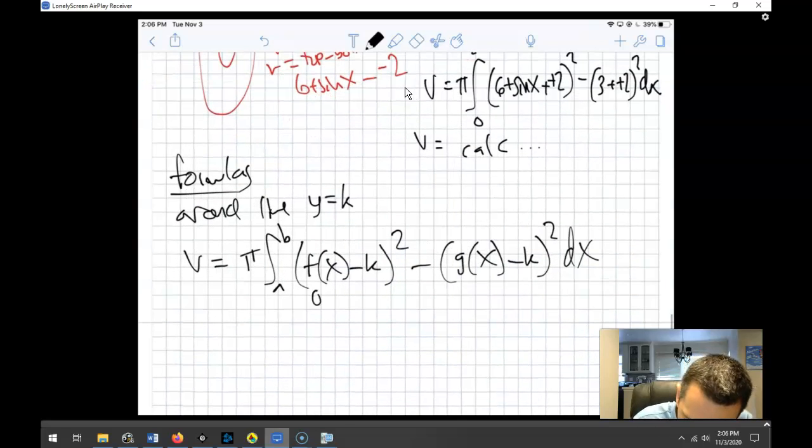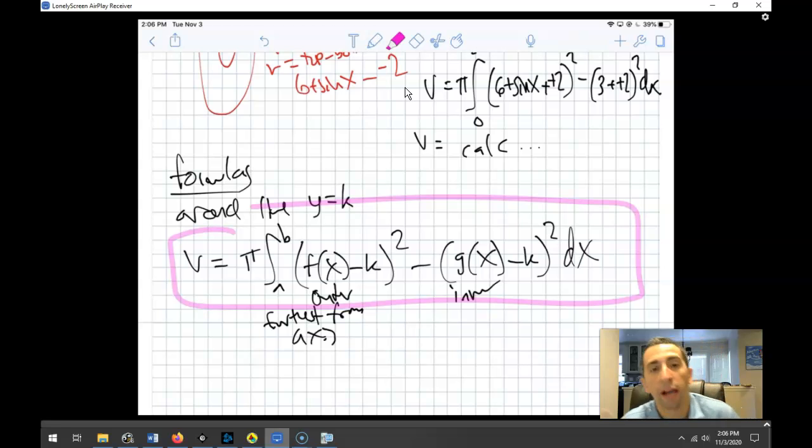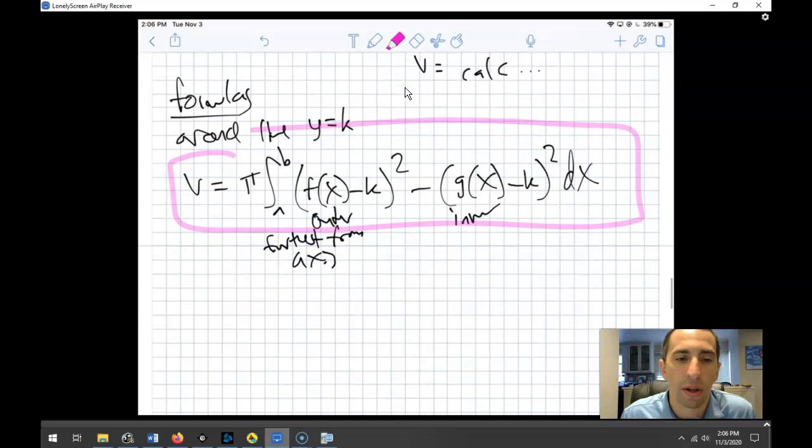Okay, and again, this is your outer function, this is your inner. And outer, of course, just means furthest from the axis. Okay, so this is another one of those key equations. I want you to put a box around it and recognize what's going on there.